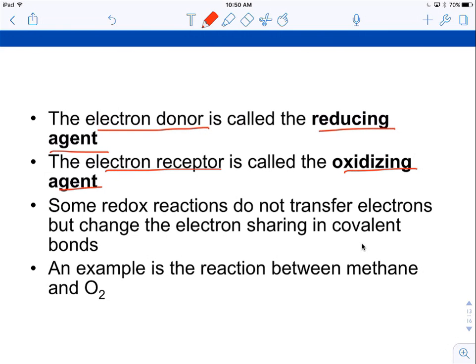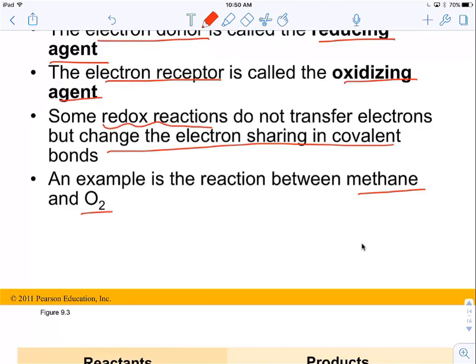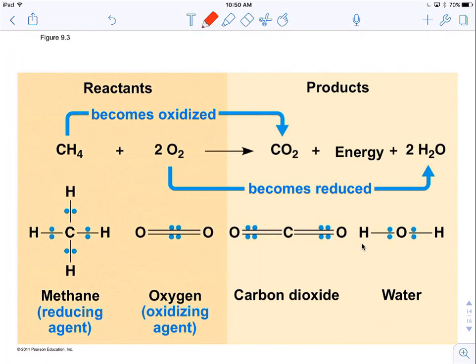Now, when you're making ionic compounds, yes, there's this complete transfer of electron, as we saw with the sodium and the chlorine. But most redox reactions, or at least the ones that we're going to study, don't transfer electrons between elements, but they change the electron sharing in covalent bonds. Okay, so let's look at an example of a redox reaction between methane and oxygen, because this is more of what we're going to be doing.